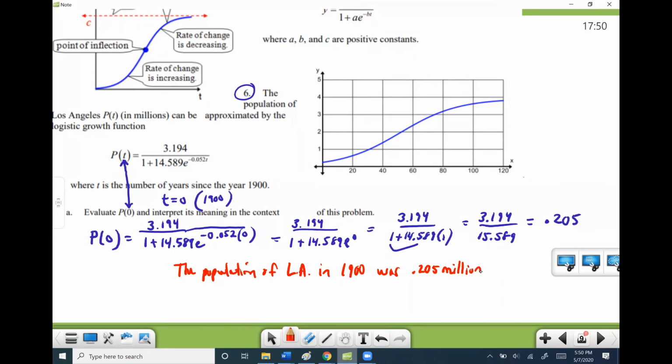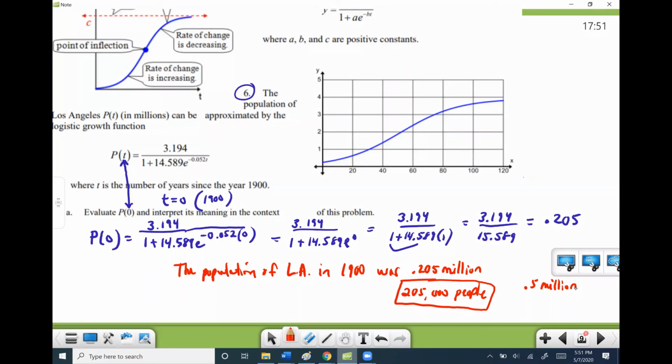So not even 250,000, right? So by the way, this is what, 205,000 people? Okay. So this one's probably easier to digest as far as how many people it really is. The way I'm thinking about that is 0.5 mil would be 500,000, right?